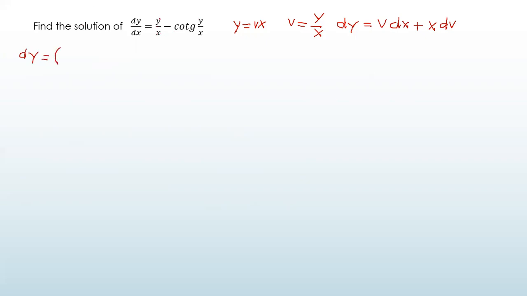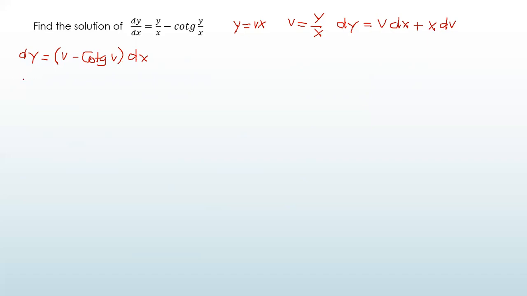I'm going to write this one as phi: dy equals phi minus cotangent phi dx. Recall that dy equals phi dx plus x d phi.